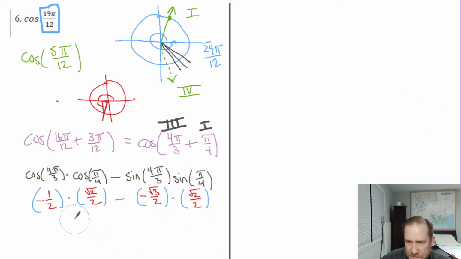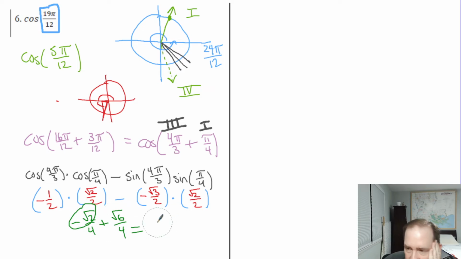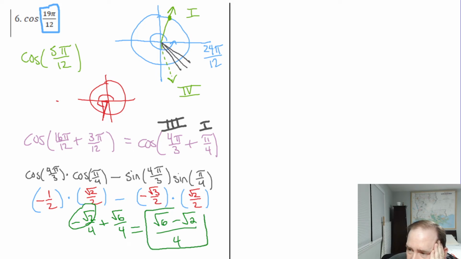And so from here it looks like I'm getting negative root 2 over 4. And then minus a negative, so plus root 6 over 4. And then what I would do is switch these. If you've got a negative root 2 plus 6, just express that as root 6 minus root 2 all over 4. And that's going to be the final answer for 6.